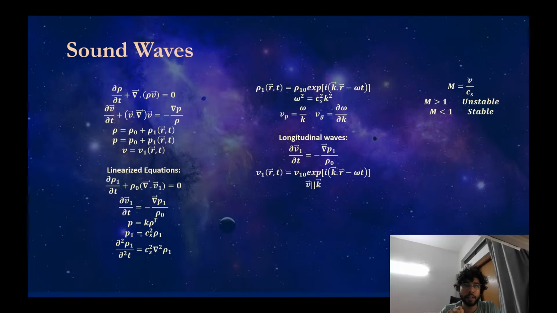Now, if you introduce a small perturbation to the fluid which causes the density to fluctuate from the mean value, right? Those perturbations are represented over here as rho one, under the assumption that rho one is much much less than rho naught. So rho naught is the base density of the fluid, or the mean density, and over the mean density you observe some perturbations of the fluid, right?